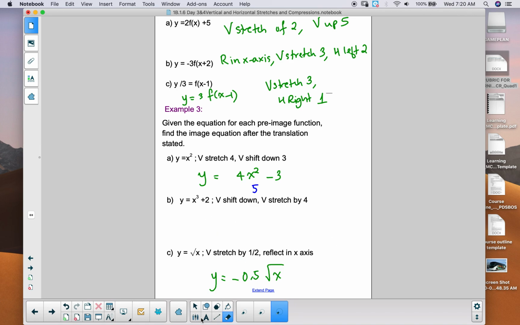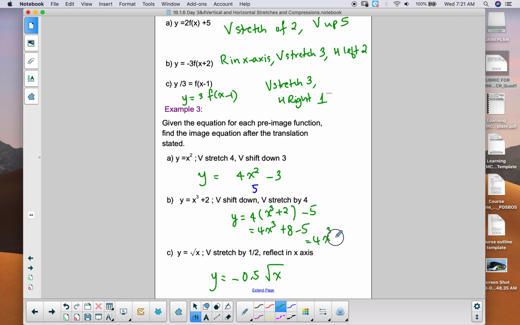It would be y equals 4 times x cubed plus 2, and it's vertically shifted down by 5, so that's what it would look like. So it becomes 4x cubed plus 8 minus 5, so that becomes 4x cubed plus 3. So that's the new image function's equation.